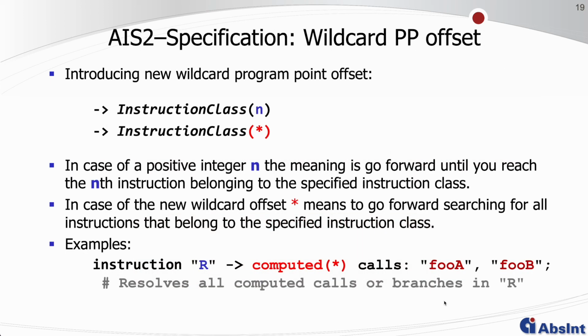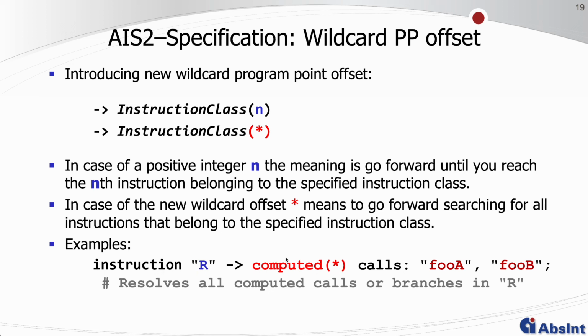The new release introduces some new program point offset specifications. And the first one I'd like to present here is the wildcard offset. Before this release, if you wanted to annotate the first, second, or third computed call in some routine, you had to say, I'd like to annotate instruction R, computed 1, computed 2, and so on.